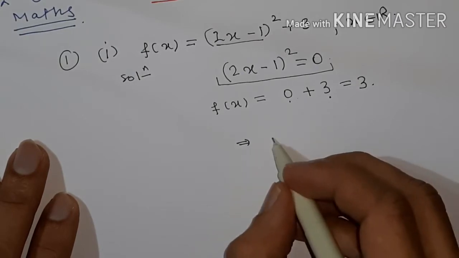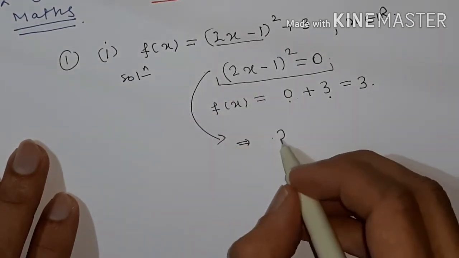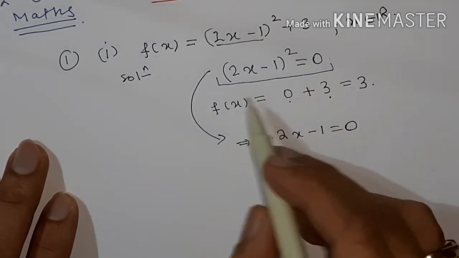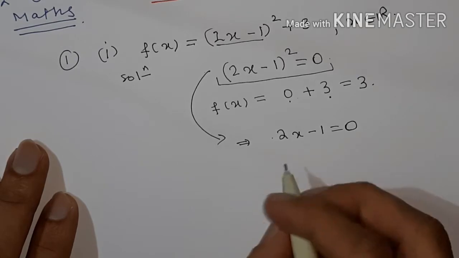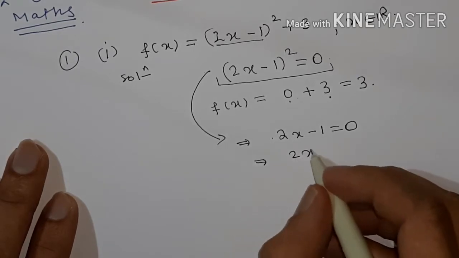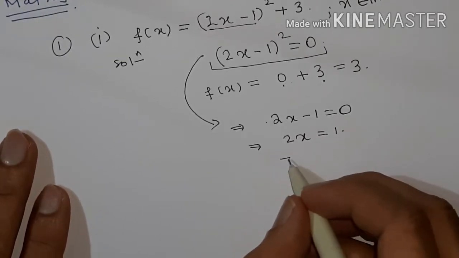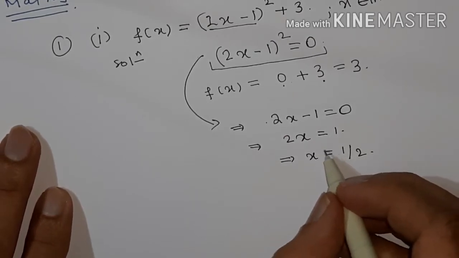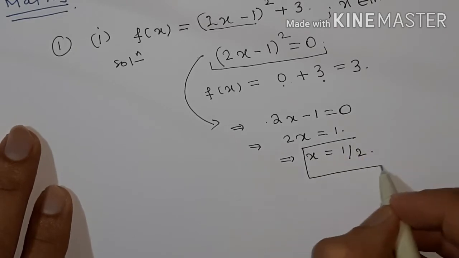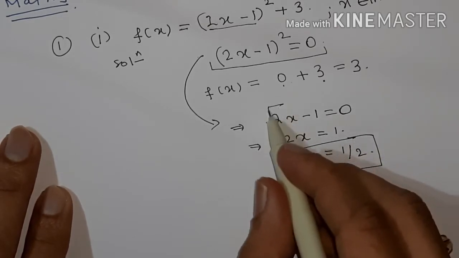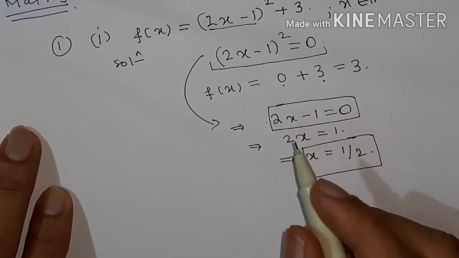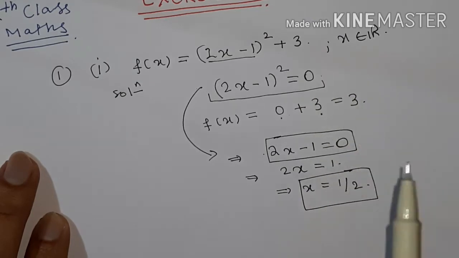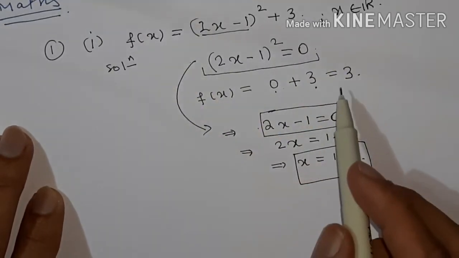Then from here what you get is 2x minus 1 is 0. If you take the square root on both sides, 2x minus 1 is 0, that means 2x is equal to 1, and that means x is equal to half. So at x equal to half, (2x minus 1) square is 0, so the function will be minimum there.